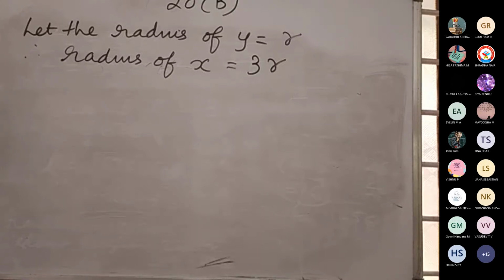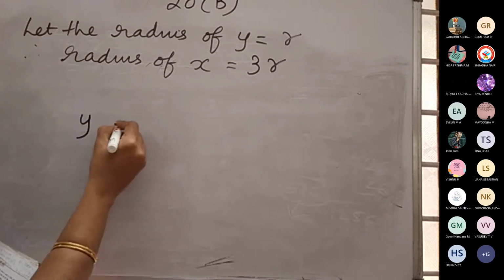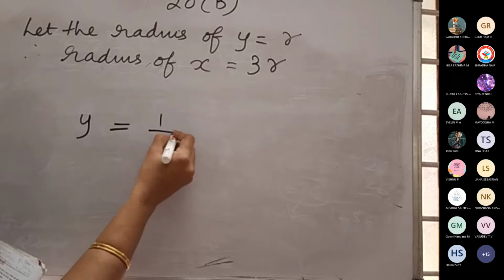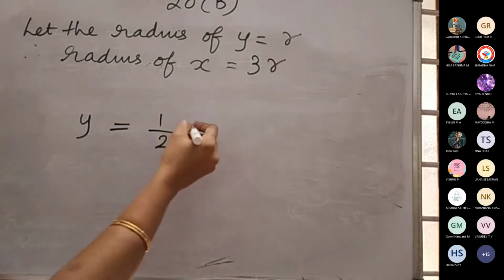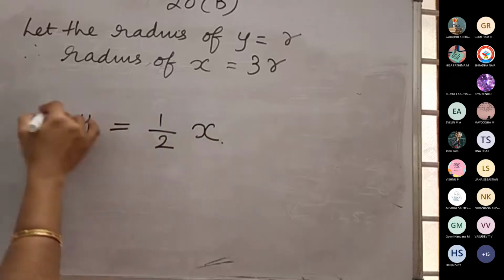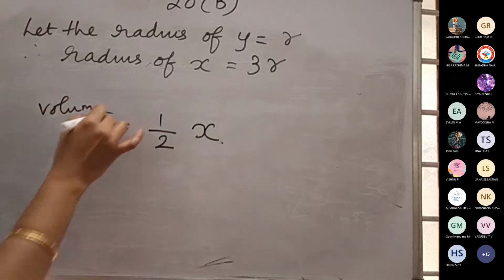The next is the relation between the volumes of the two cones: Y having half the volume of X. So what is the meaning of Y having half the volume of X? What can we write?